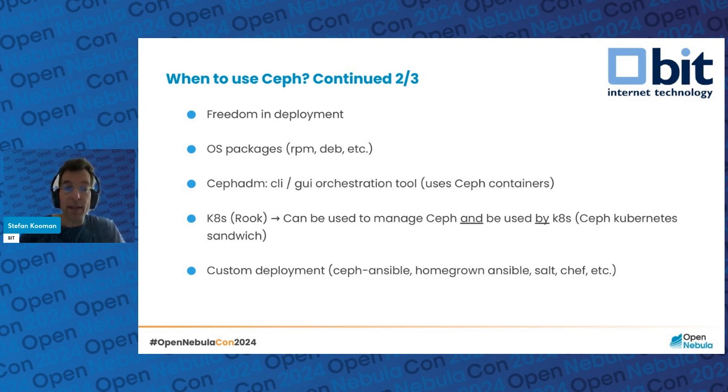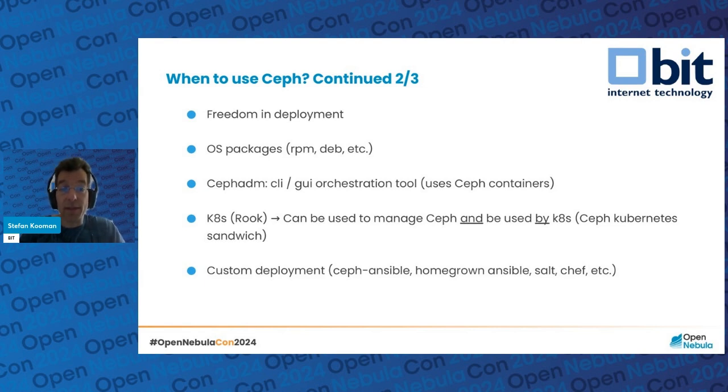So like I said, you got freedom in the way you can deploy Ceph. You can choose OS packages all the way up to infrastructure as code. So there should be something out there for Unix greybeards up to cloud native hipsters using Kubernetes and Rook.